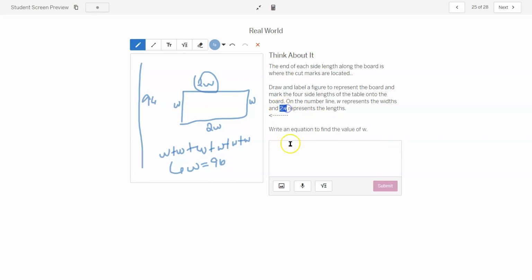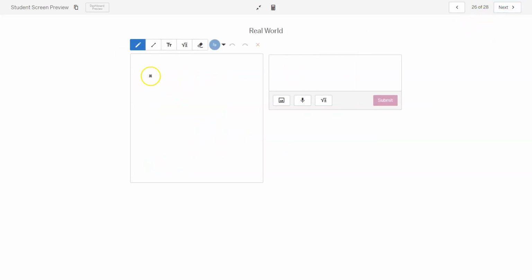Then I'm going to figure out what the W represents. So I'm going to go ahead and say 6W is equal to 96. And I'm going to divide both sides by 6, which tells me that W is equal to 16.